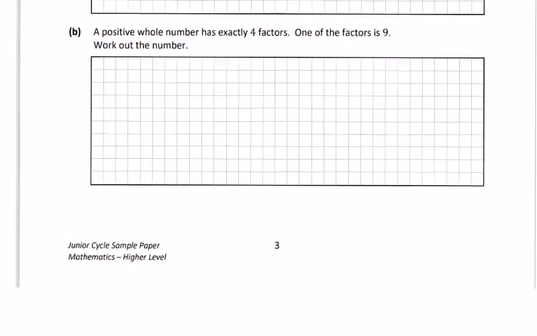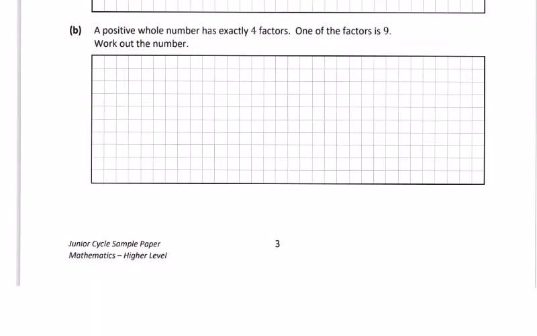Now we're told a positive whole number has exactly 4 factors. A little bit tricky this one, but if one of the factors is 9, we know that we'd always start with a 1. So 1 is a factor. If 9 is a factor, it means that 3 has to divide into the number, because every number that has 9 as a factor, 9, 18, 27, 36 and so on, 3 divides into them all.